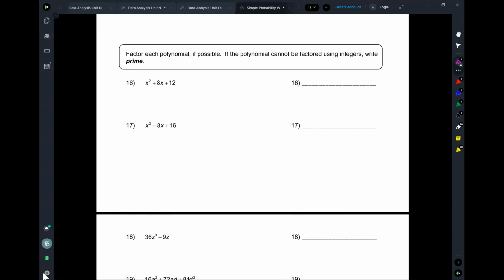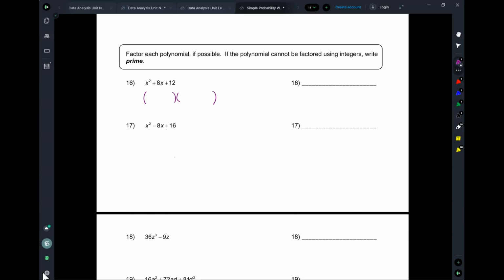So I have to factor this. You first count how many terms this has. 1, 2, 3. This is a trinomial. Next, ask yourself, are the first and the last perfect squares? X squared is a perfect square. 12 is not. So now I have to write down 2 sets of parentheses.